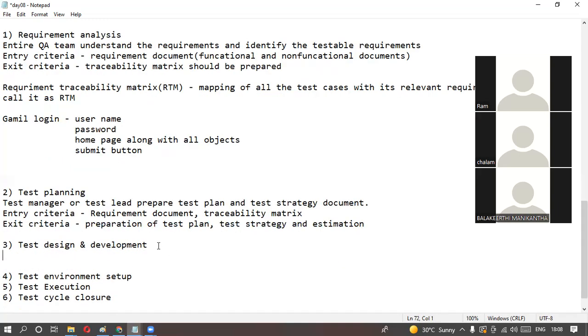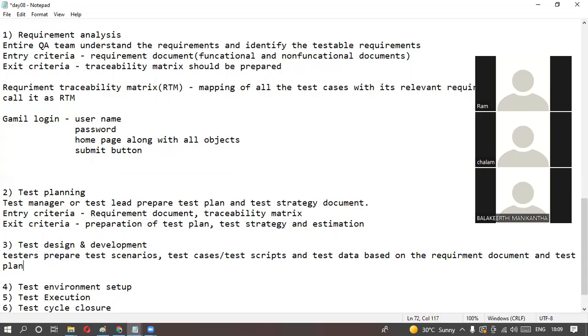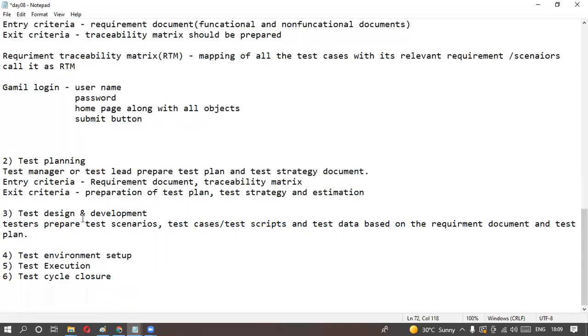What is test design and development? In this phase, testers prepare test scenarios or test cases or test scripts and test data based on the requirement document and test plan. So here in the test design or development, it clearly states that your creation of the test cases.